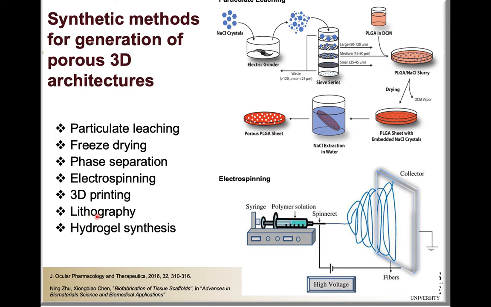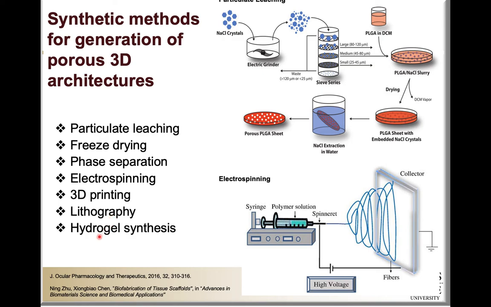In photolithography, you're using a photomask that allows you to preferentially irradiate certain areas of your pre-polymer solution, leading to cross-linking or curing of the polymer in those locations, and thereby leaving you with a geometry that is the opposite of what the photomask had.